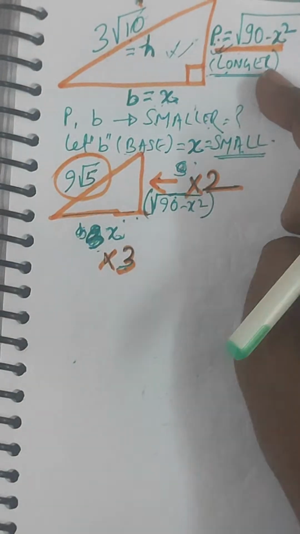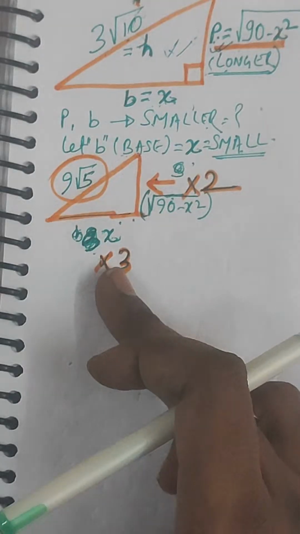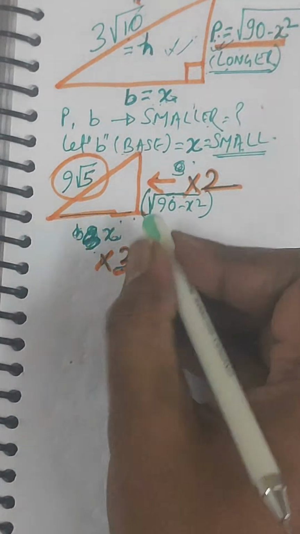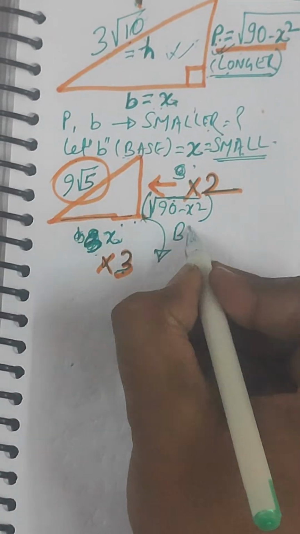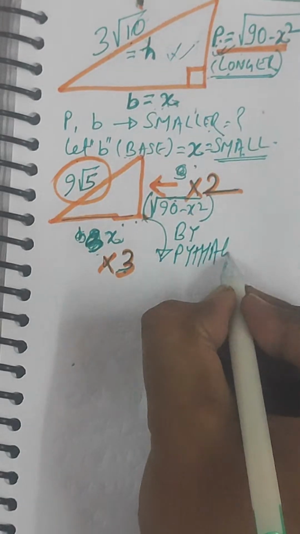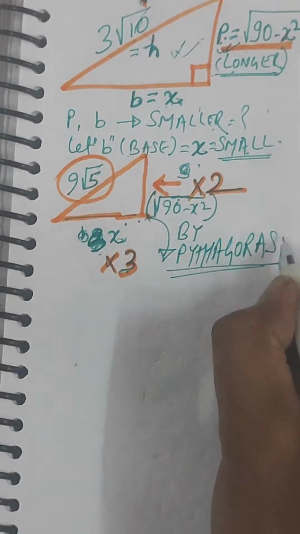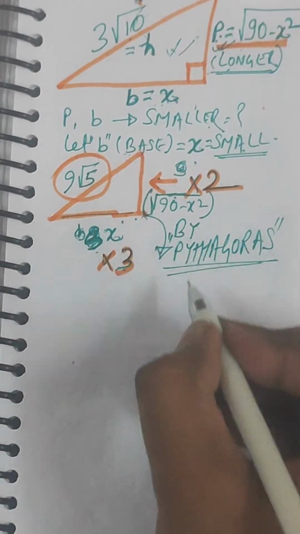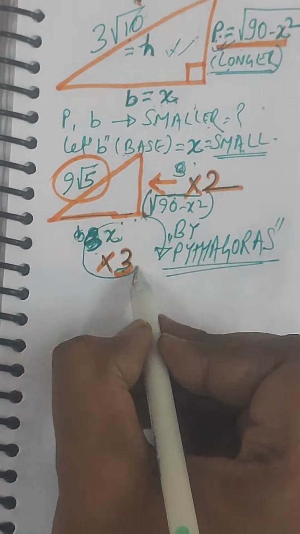Again, as we applied Pythagoras and calculated the longer side, just apply Pythagoras over here. By Pythagoras, the smaller one will be 3x.